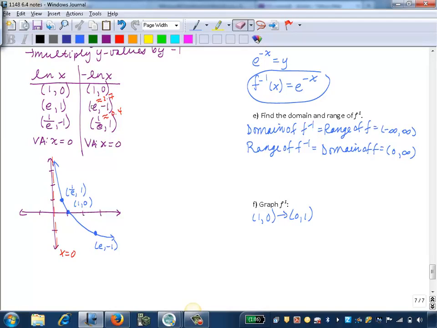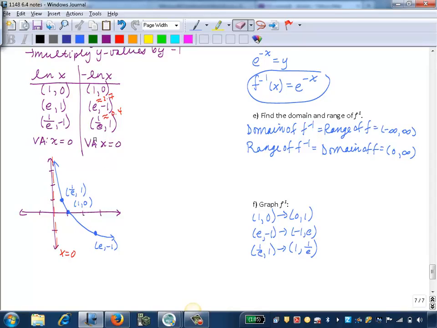And we have the point e, negative 1, and it's going to switch to negative 1, e. And then we had 1 over e, 1, and that's going to become 1, 1 over e.